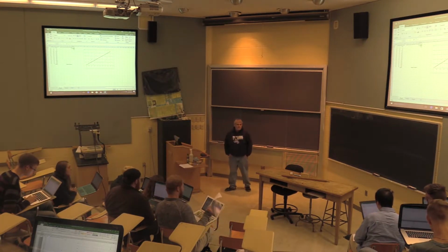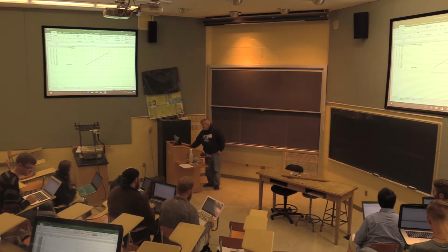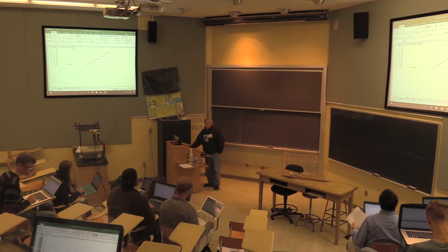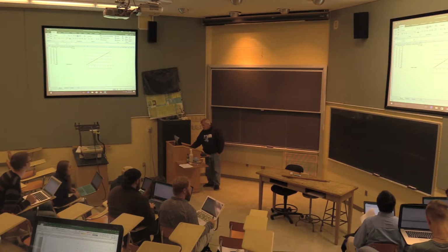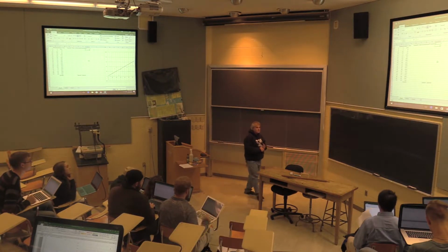All right, does everybody have something that looks a little like this? So what we just did was use the human computer to fit, and your line should be better than mine. But we used a human computer to regress a line through a set of points.